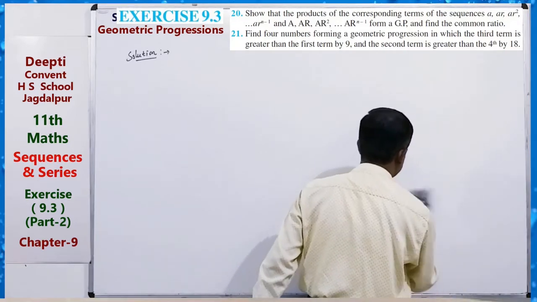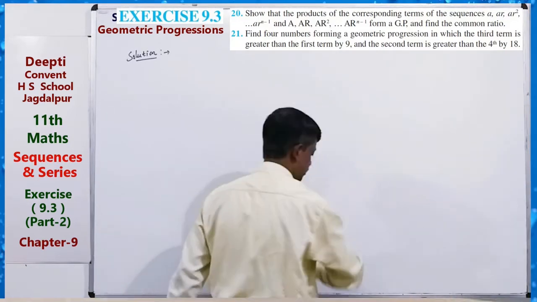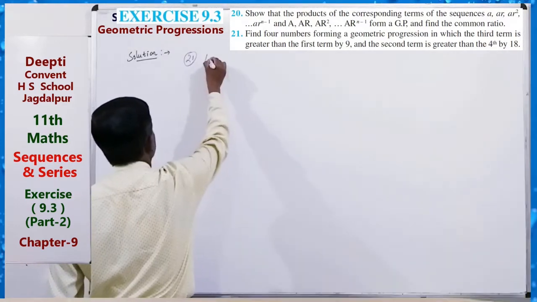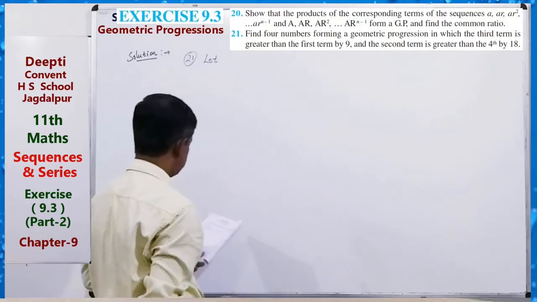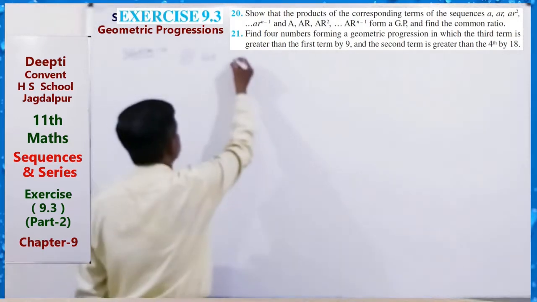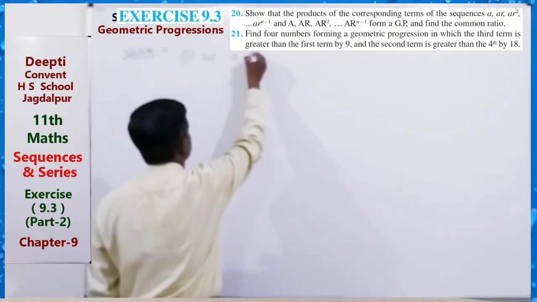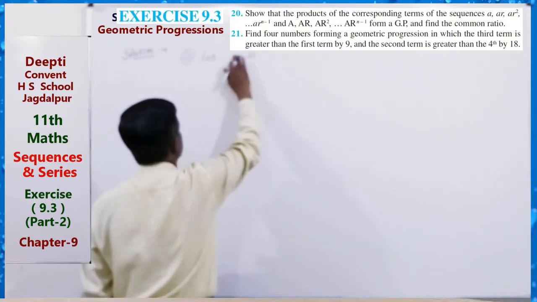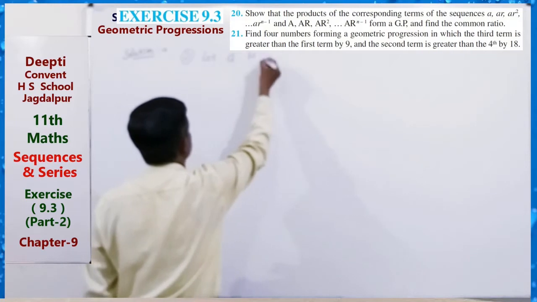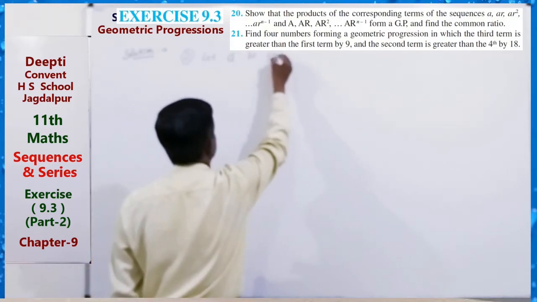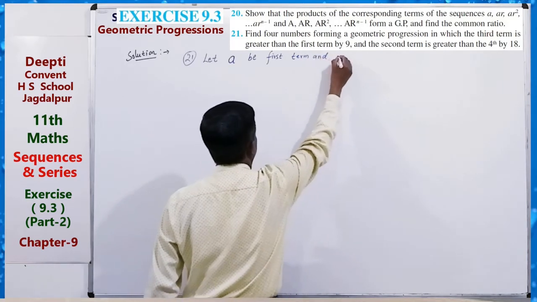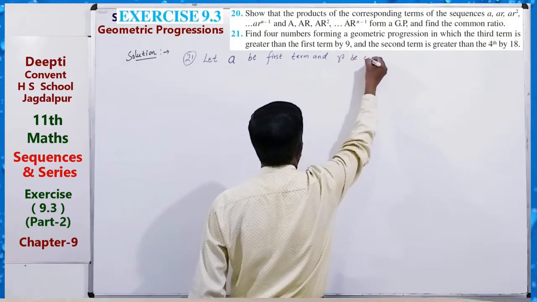So let a be the first term and r be the common ratio.